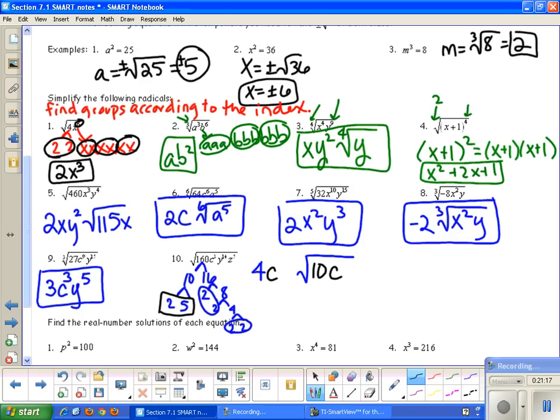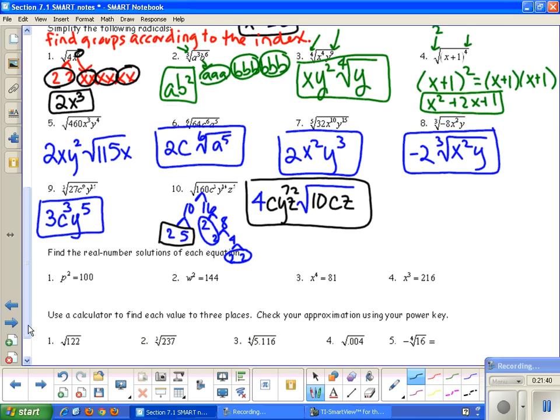And then we have y to the 14th, so that becomes y to the 7th. None are left over underneath, and z to the 5th, so I would have z squared here, because 2 times 2 is 4 with 1 left over, and that would be my answer. So that's 4c y to the 7th z squared, and then the square root of 10cz.